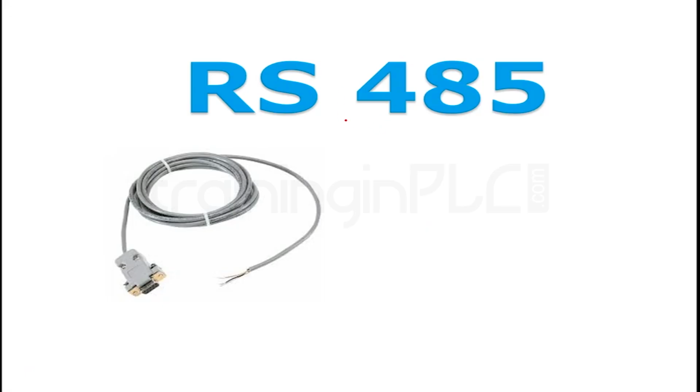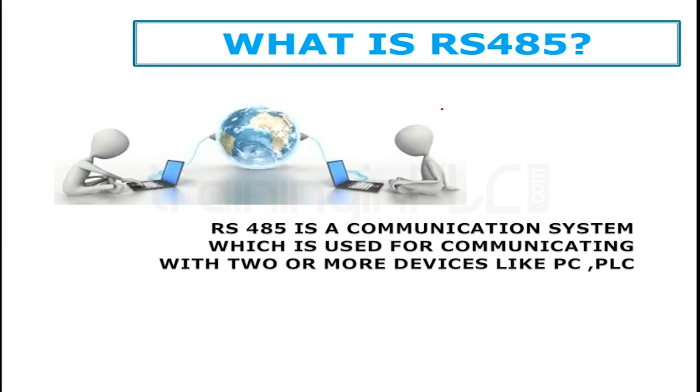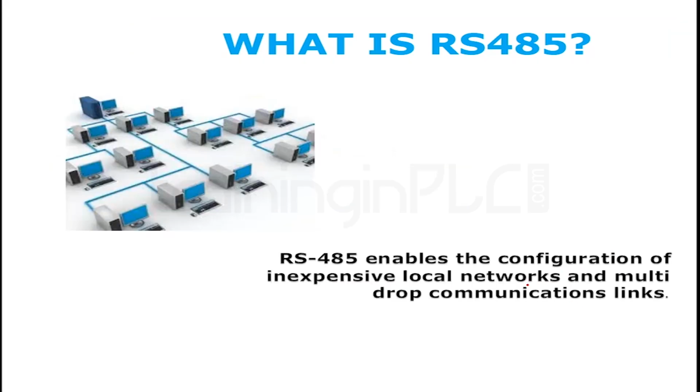In this session, let's see what is RS-485 and its uses. RS-485 is a communication system which is used for communicating with two or more devices like PC, PLC. RS-485 enables the configuration of inexpensive local networks and multi-drop communications links.